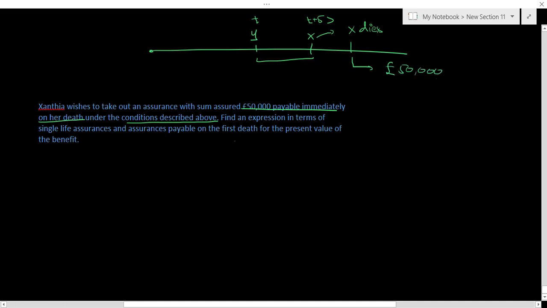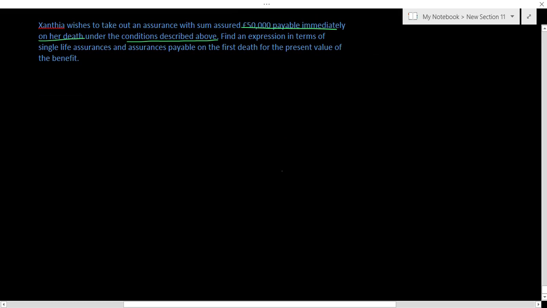So that is the condition that she's imposing here. Find an expression in terms of single life assurances and assurance payable on the first death for the present value of this benefit, right? So we have to calculate the present value of this benefit, and we have to find an expression in order to get this.